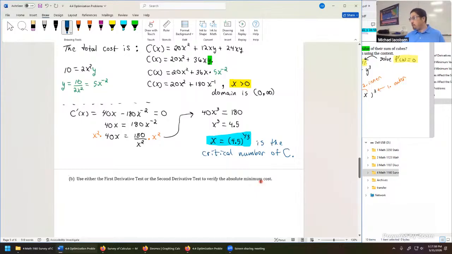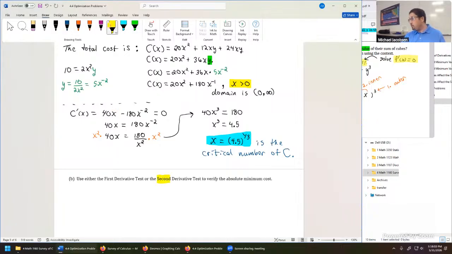Okay, well, in this problem, we're trying to find the absolute minimum cost, and we have to decide which test is going to be advantageous to us. Should we use the first derivative test or the second derivative test? In this one, it all depends on how hard it is to take a second derivative. That function is not so bad. The second derivative is really, really fast.